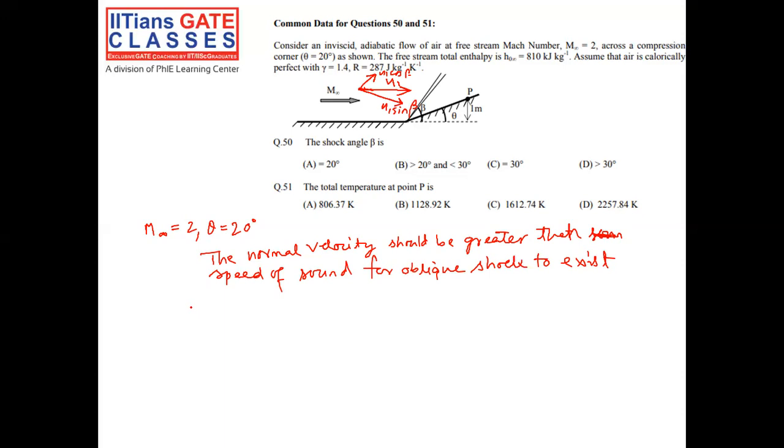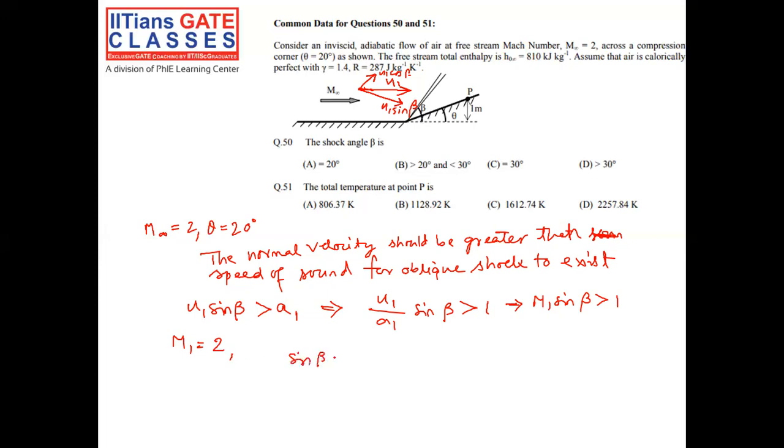Right. So this U1 sine beta should be greater than the speed of sound, which means U1 by A1 sine beta should be greater than 1, which means M1 sine beta should be greater than 1, and M1 is the free stream Mach number of the flow, which is given as 2.